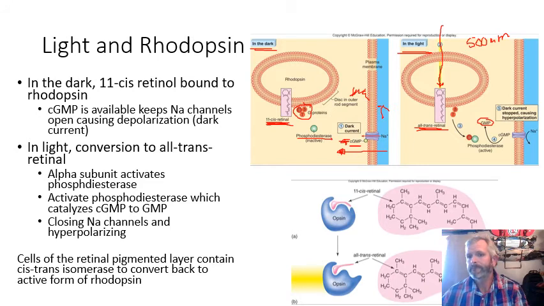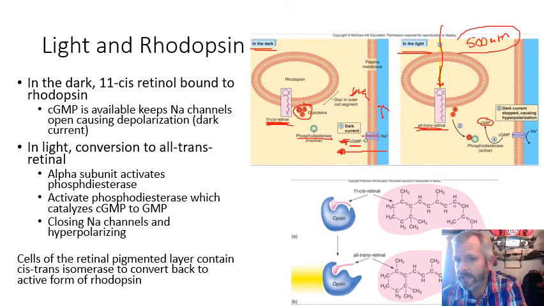It's going to be most active at 500, but going down to say 400 or up to 600, it's going to activate a little bit, but it's mostly activated at this range.